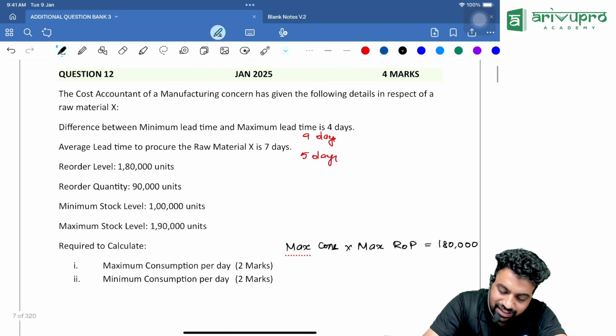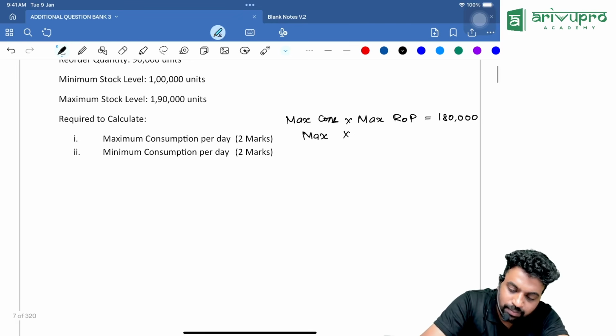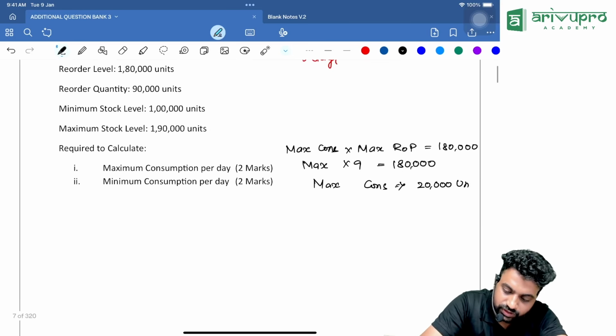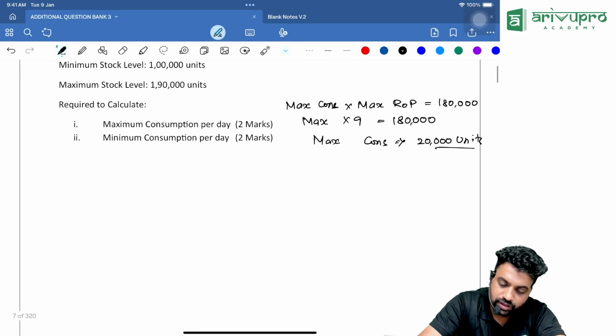Now try to understand, maximum consumption we don't know, I will keep it as max. Maximum reorder period we computed as 9. That is 1,80,000. So maximum consumption is nothing but, guys, 20,000 units. Got it? Yes, sir. Done.